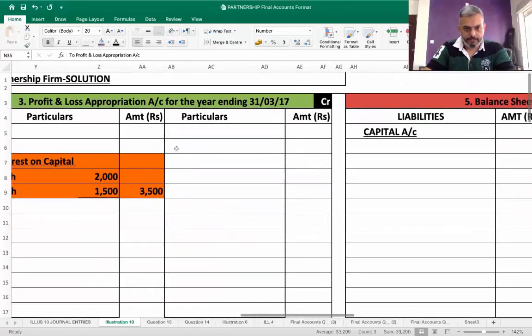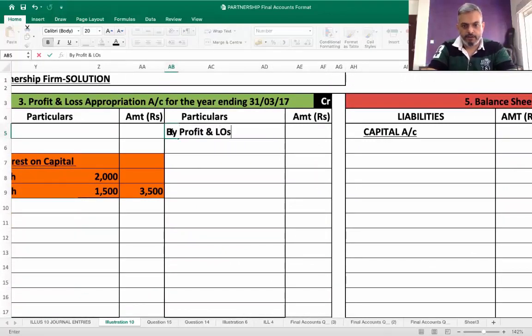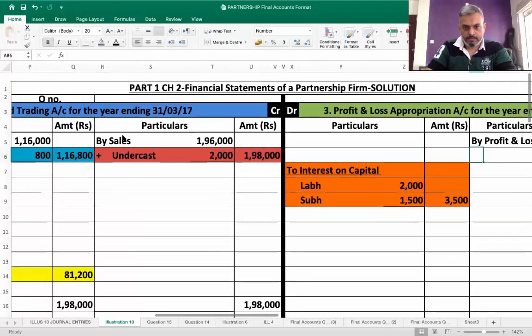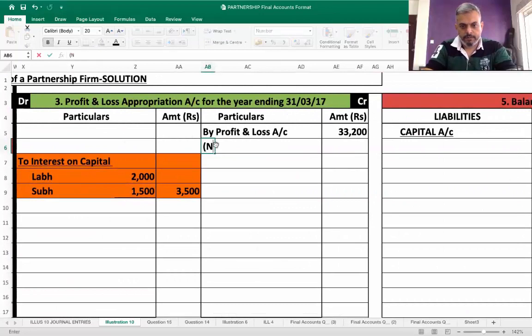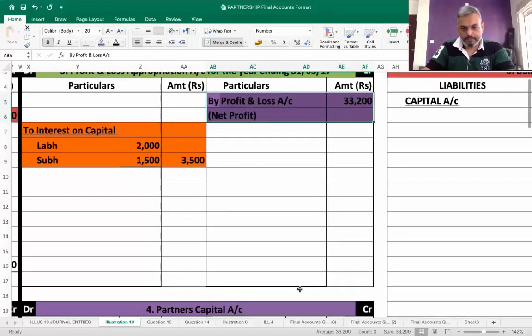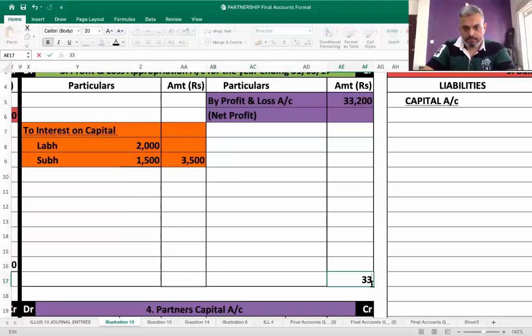Transfer it by profit and loss account. Net profit. 33,200.